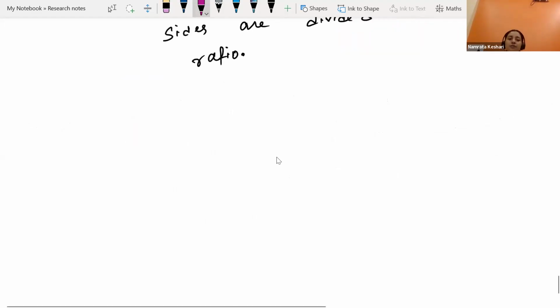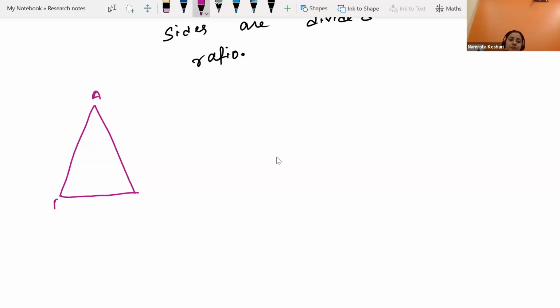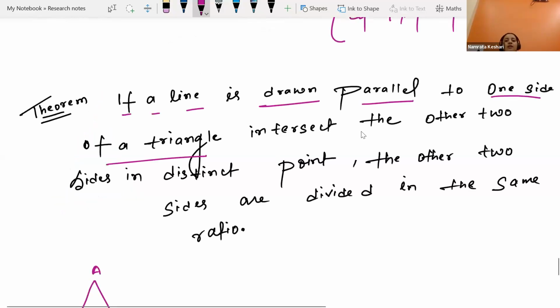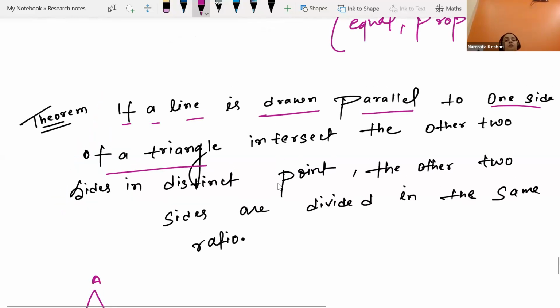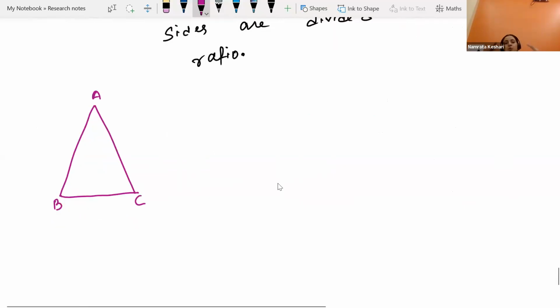So suppose we are having a triangle ABC. If a line is drawn parallel to one of the sides, how will we draw a line which must be parallel to one of the sides? It may be parallel to side AB, or side BC, or side AC, and it must intersect the other two sides.